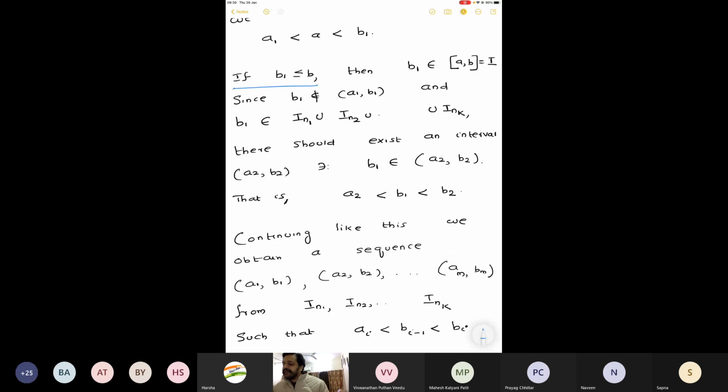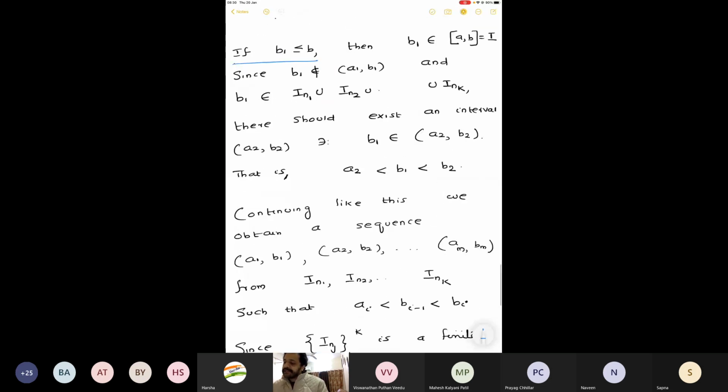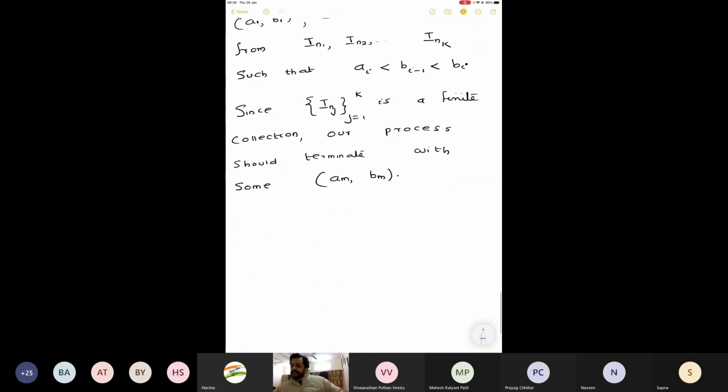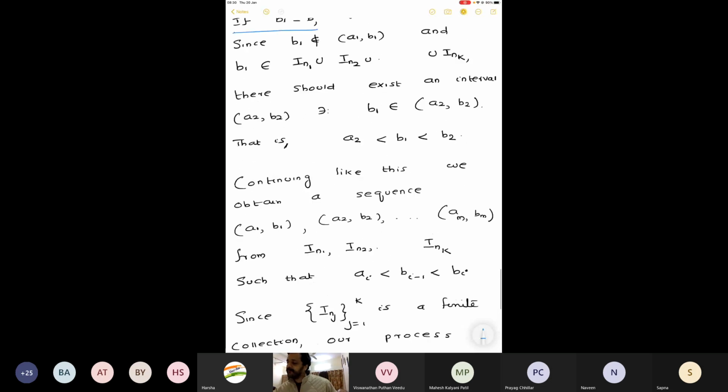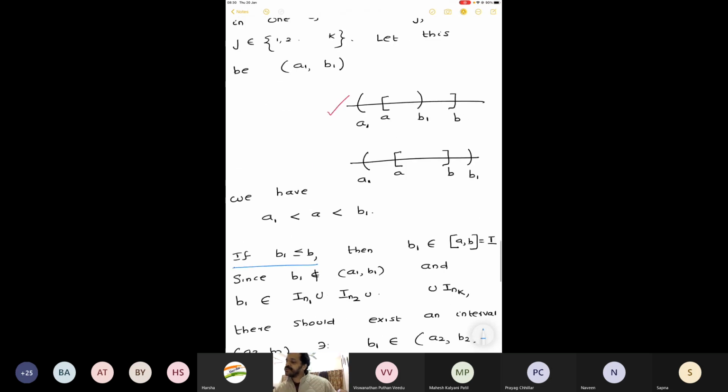So can you tell me, in terms of this relation, the connection between b1 less than or equal to b, b2 and b1, and so on, when this process will terminate? Finally, this b should be in one of these (ak, bk). Then only it will terminate. Yes or no? Yes, sir.